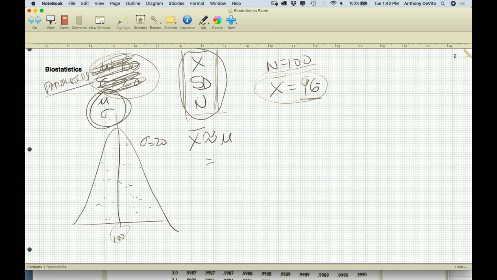In other words, maybe instead of just saying it's 96, I can say, well, our sample came up 96, but based on the variability, the standard deviation of our sample, I don't really know what the mean is, but I do know that the mean is likely to be between, I'm going to say, 90 and 110. So it's somewhere between these two numbers with a certain level of certainty.